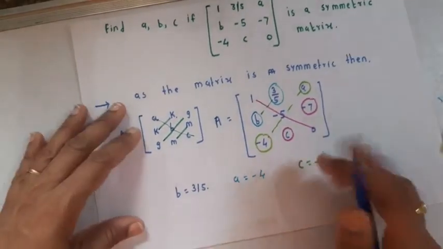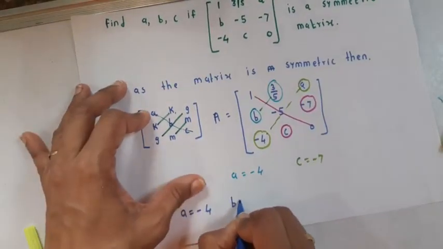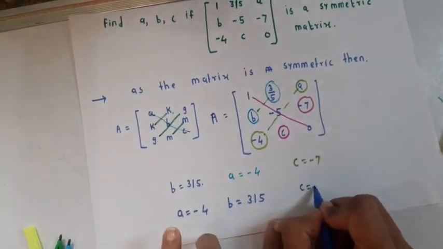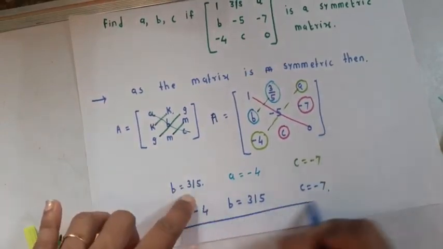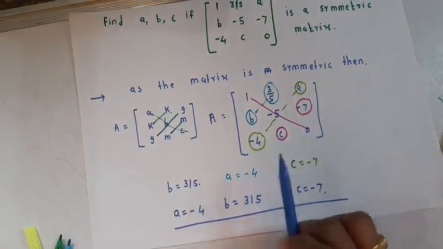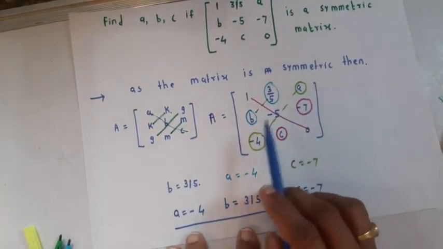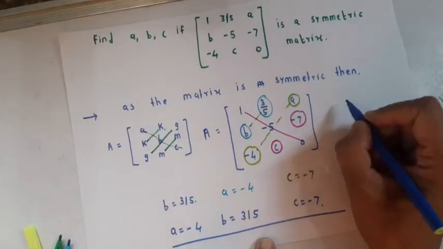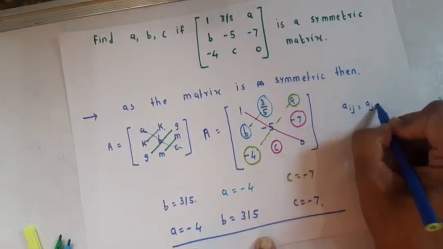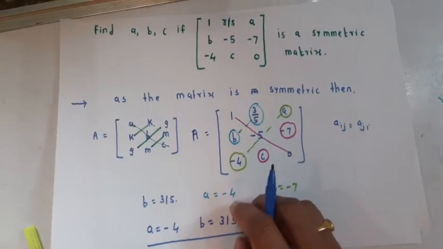Hence A equal to minus 4, B equal to 3 upon 5, and C equal to minus 7. In this way, we have found out the values A, B, C by using the symmetric matrix property. Here the elements Aij equal to Aji. Okay, in this way.